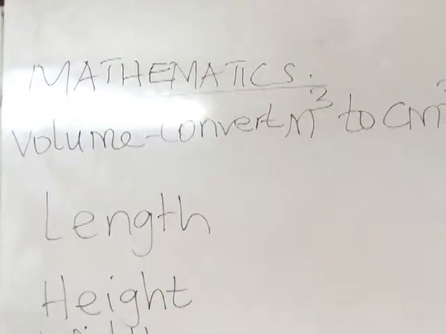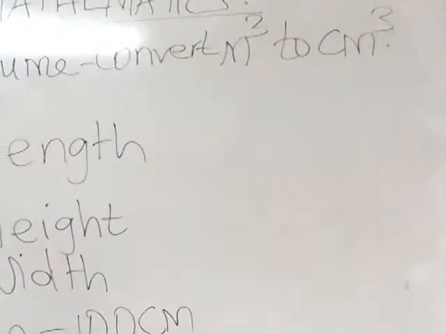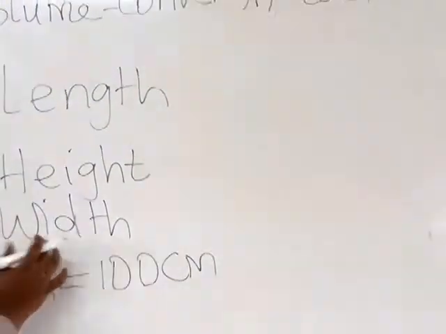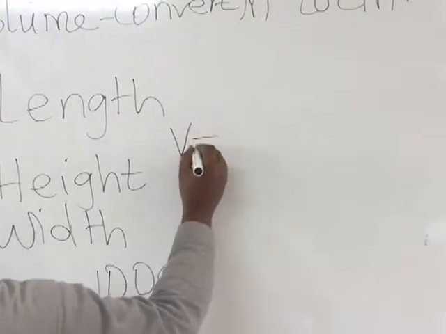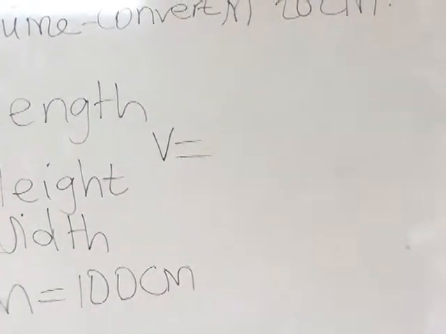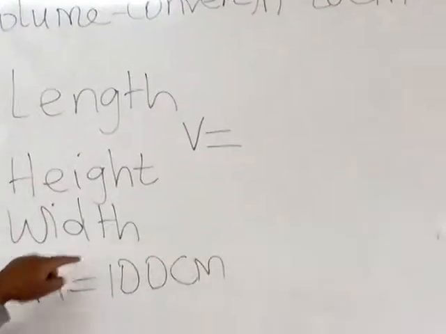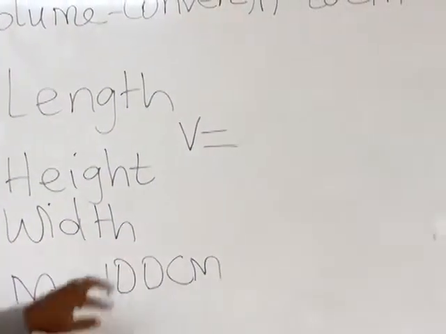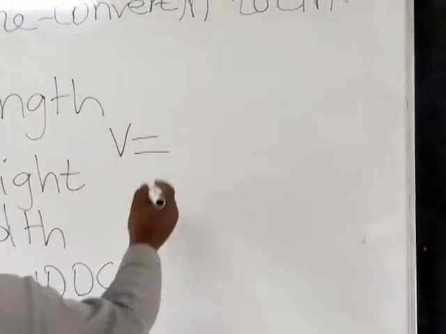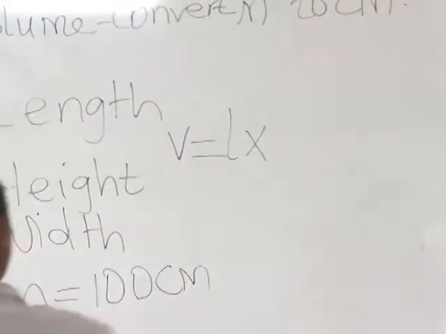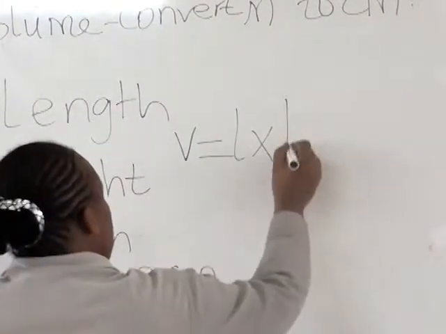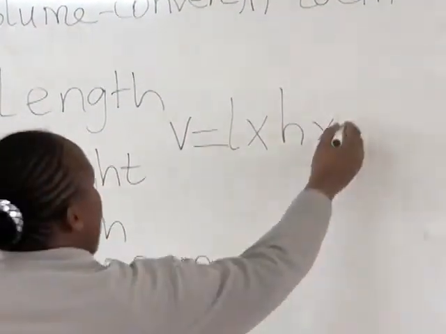Now, when we were going through our topic yesterday on length, height, and width, we came up with the formula to get the volume of our cube. We get the volume by multiplying the length times the height times the width.